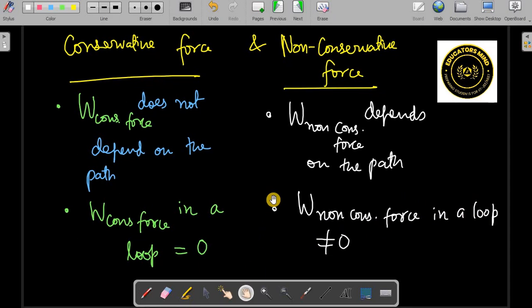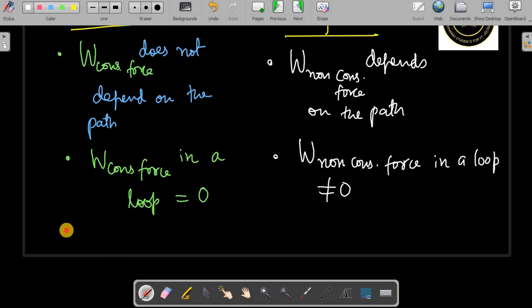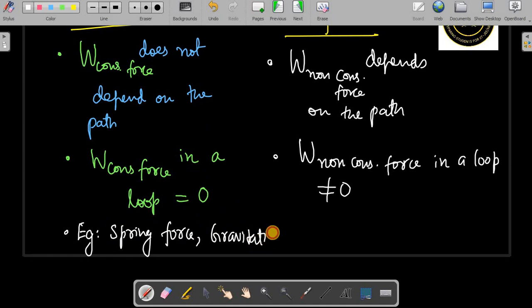Now let's understand more about it. For conservative force examples, you can take the spring force, the gravitational force, the electrostatic force.